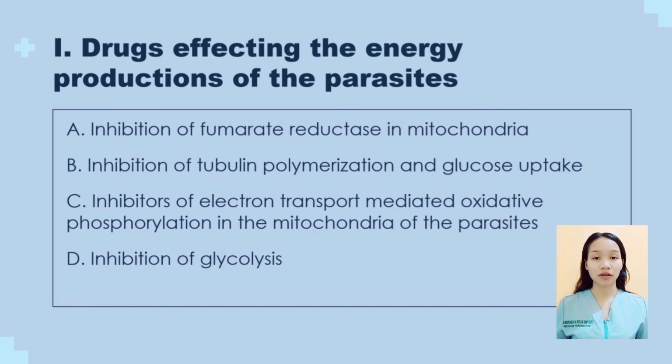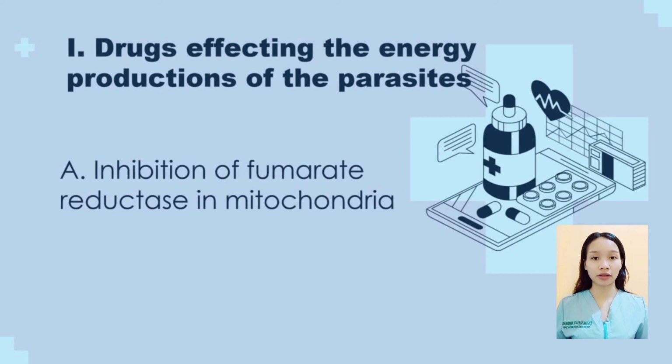As a result, the following categories of anthelmintics can be identified. First is the inhibition of fumarate reductase in mitochondria. The conversion of fumarate to succinate by fumarate reductase in mitochondria is essential for the generation of ATP, which is also required in muscle contraction, generation of ATP in some anaerobic helminths, especially Ascaris.